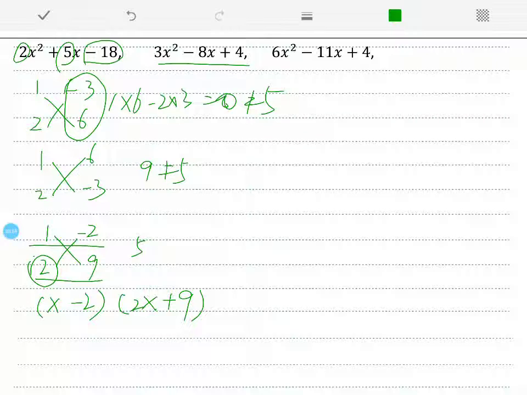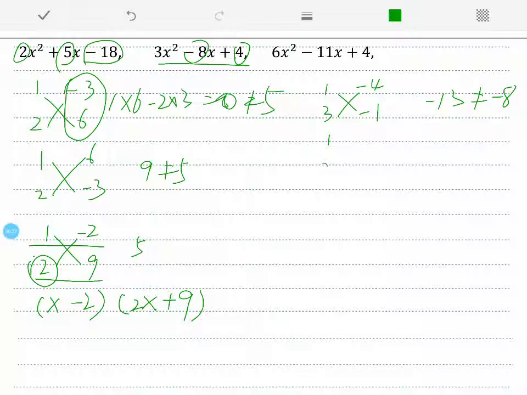Now let's do the second question. The factorization for 3 is just a 1 and 3. For 4, let's try, because this positive, this negative, both must be negative numbers. Let's try negative 4 and negative 1. When you cross times, that equals negative 13, which doesn't equal negative 8.